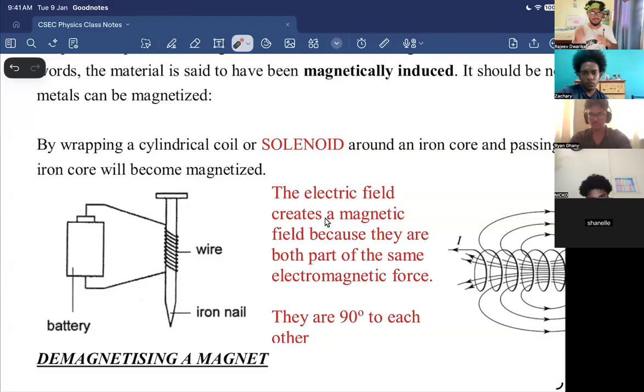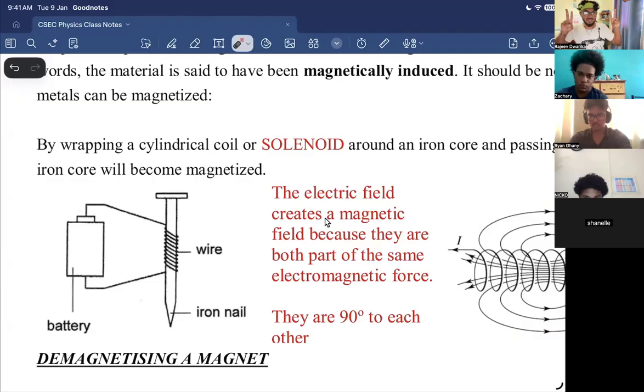Think about it: if you have a bunch of wires wrapped closely together, the individual magnetic fields would add together and increase. Now, you don't want to waste that, right? Nikolai, would you want to waste the magnetic field it creates? Nope. Okay, let me ask you all a question.